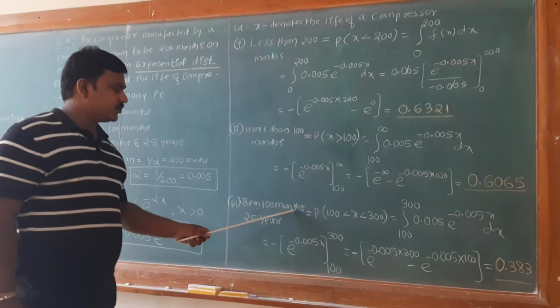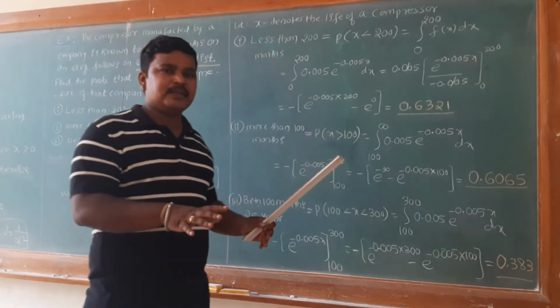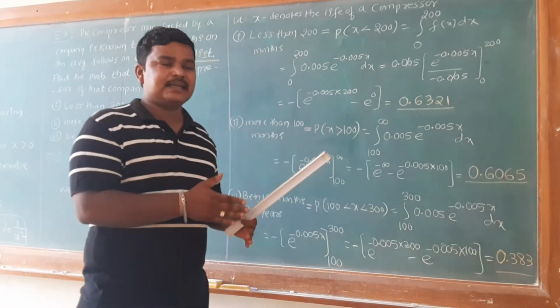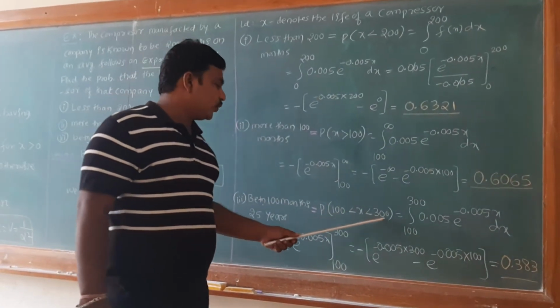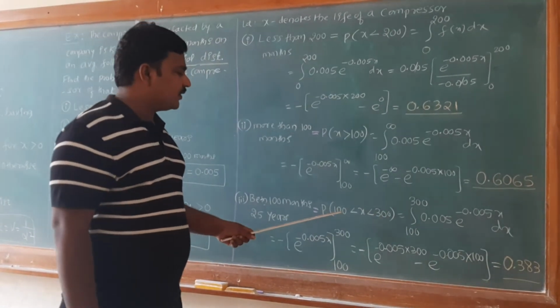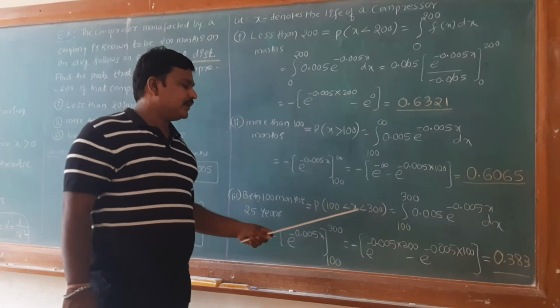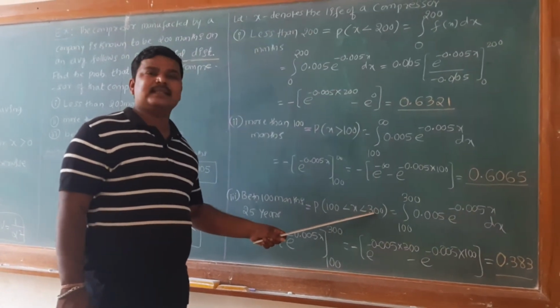Now we take the last condition, between 100 months and 25 years. That is P of x between 100 and 25 years. 25 years is 300 months, so x is greater than 100 and less than 300.